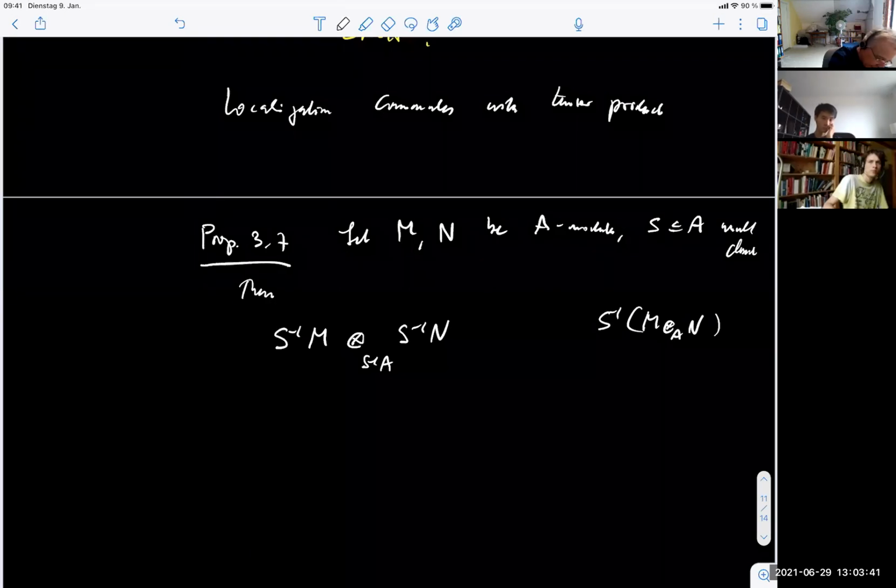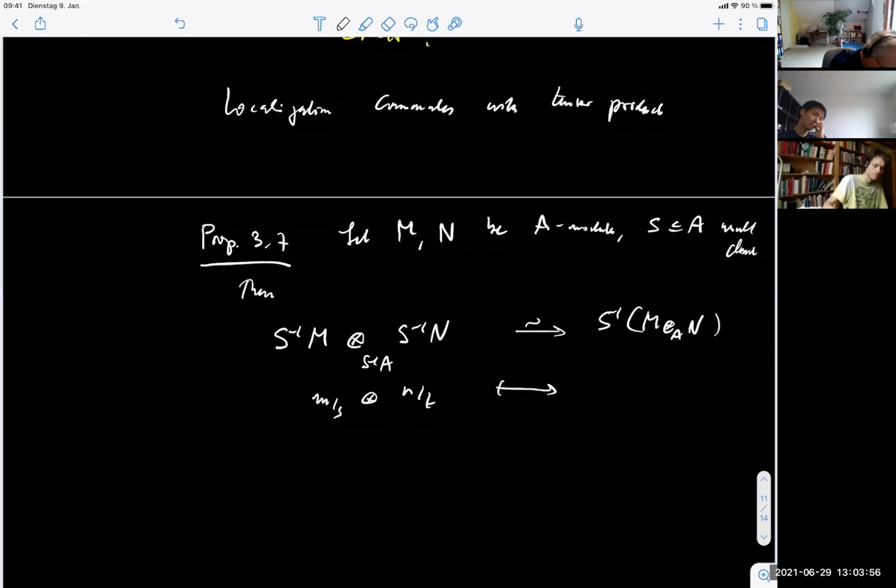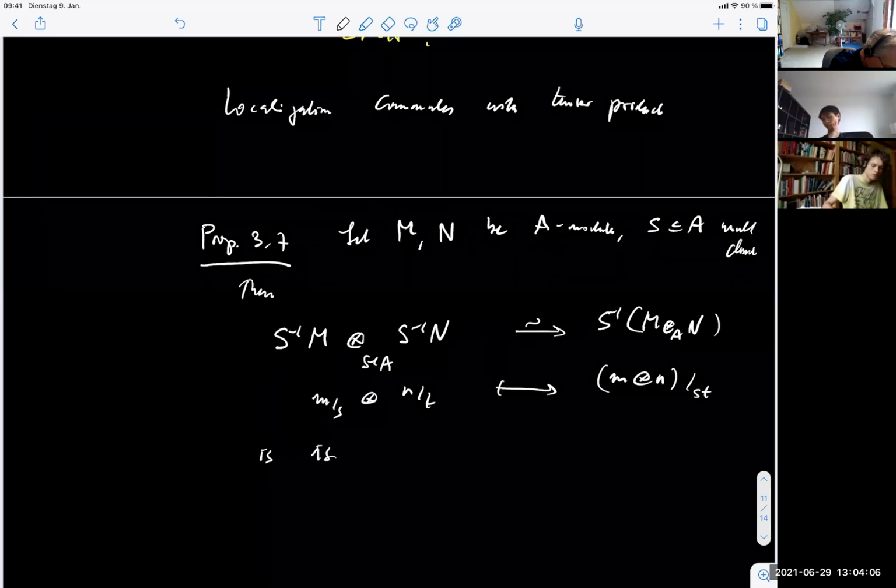Okay, and the statement is it's isomorphic, and I can write the map. The map is just the map that it has to be. What else can it be? You have here a generator m over s tensor n over t, and you can map it to m tensor n over st. This is an isomorphism of S to the minus 1A modules.